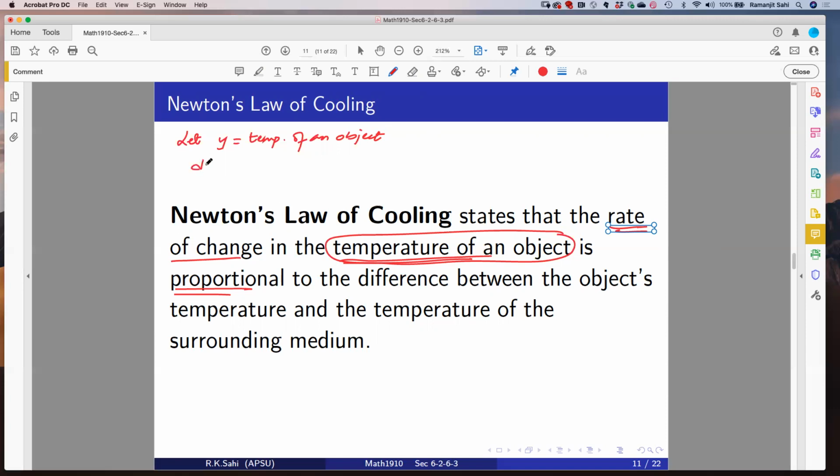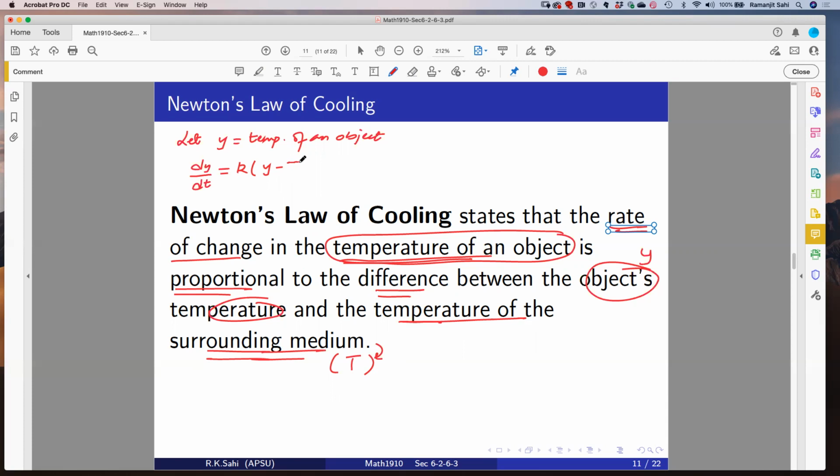That means dy by dt is proportional, that means k times the difference between the object's temperature, which is given to be y, minus the temperature of the surrounding medium. Let the temperature of the surrounding medium be capital T.